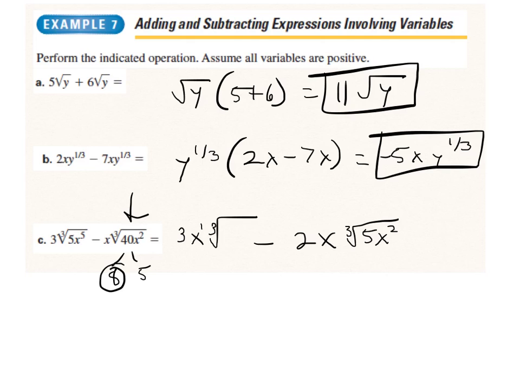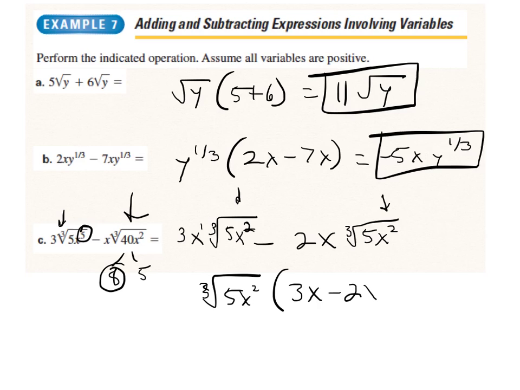Then I've got the cube root of 5 and the leftovers, which is x squared. That's the remainder from 5 divided by 3. And now we've got a cube root of 5x squared that's being distributed to both parts. So I can say the cube root of 5x squared times 3x minus 2x, which equals x cube root of 5x squared.